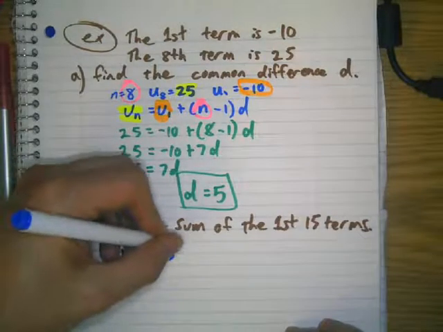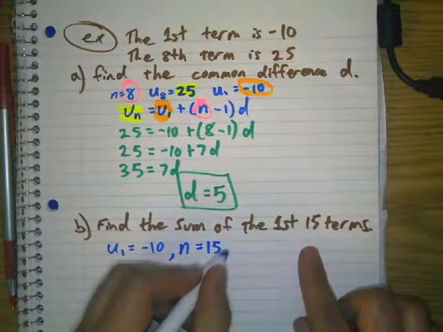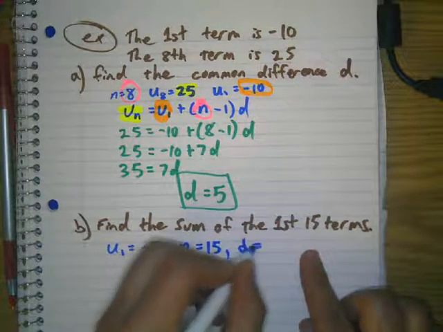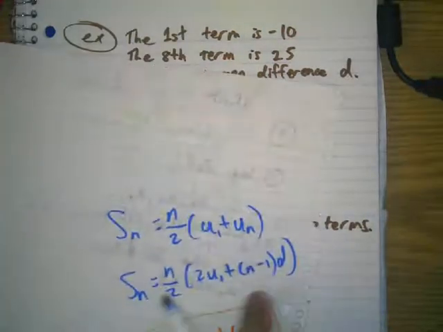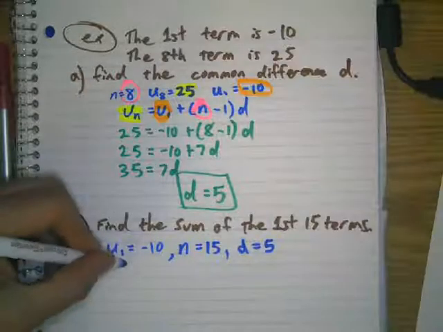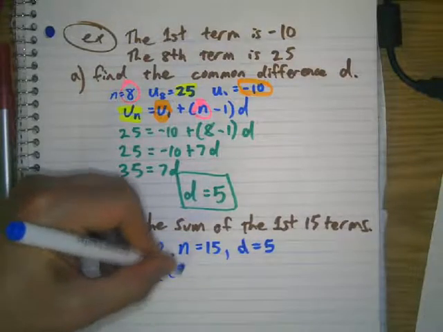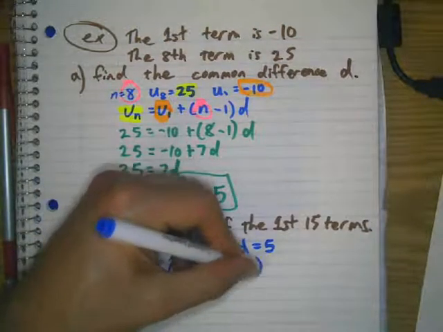We know that n, we're adding the first 15 terms. And we know that d is 5 now. So we're using the second formula, right? S sub n equals n over 2 times (2 u sub 1 plus (n minus 1) d).